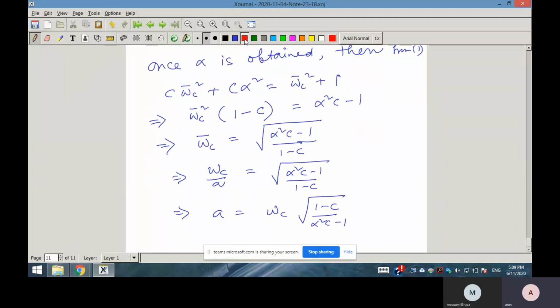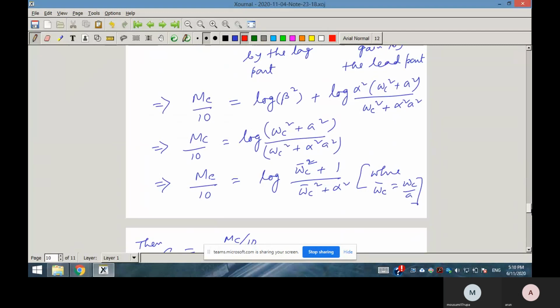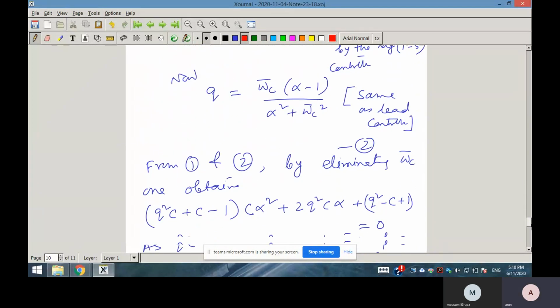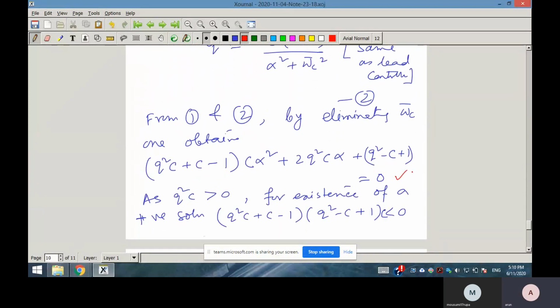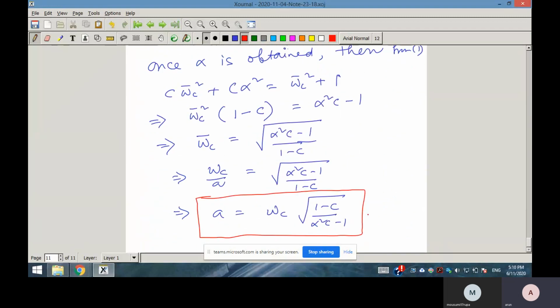So that means once you get alpha by solving that second order equation, then you can obtain this a. That means the lead part.